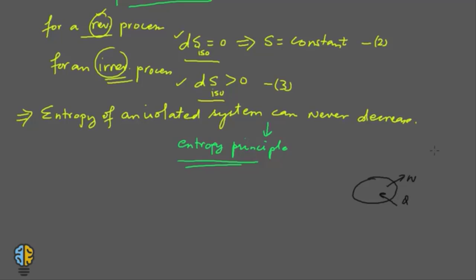Now I include this system within another boundary. So this is the boundary of the system, isn't it? So I create another boundary around it. Okay, so this is the system and this is a boundary which is engulfing this system.